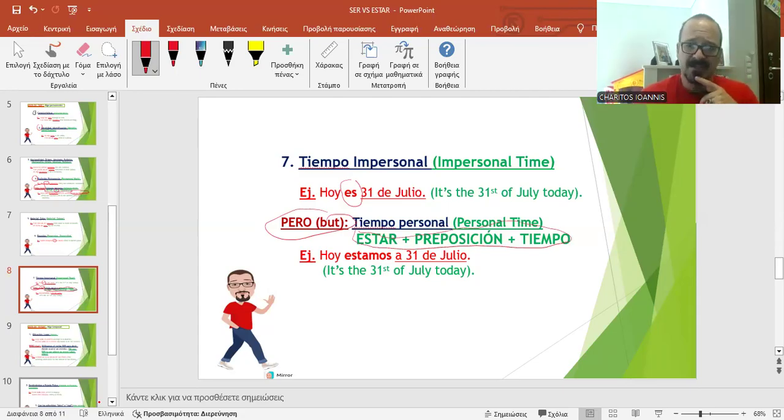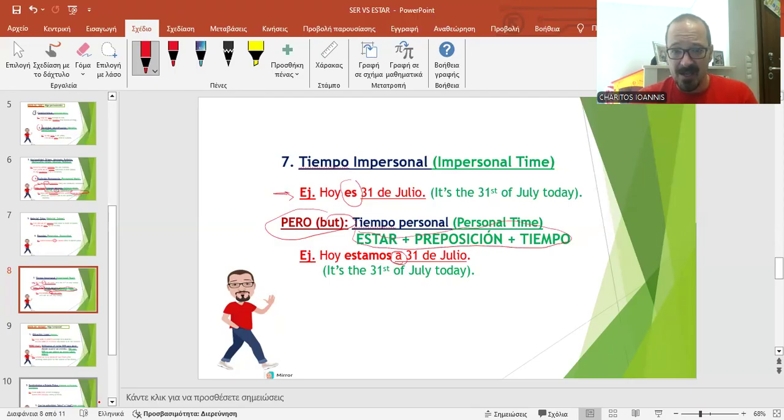But because, for some people, this sounds complex or something, I'll tell you a trick. If next to the verb, immediately next to the verb, there is a preposition, estamos a, we use estar. Don't tell me that here in the first example, there is a preposition there. I told you immediately after the verb.